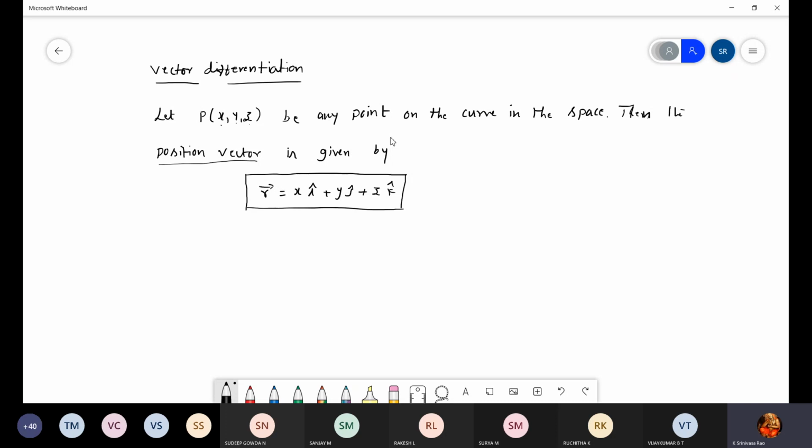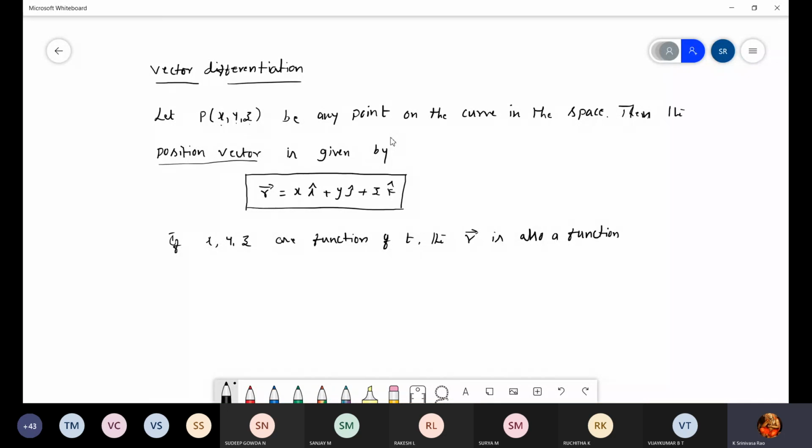Next line. I will tell you what a position vector is, just complete this topic. If x comma y comma z are functions of t, a single variable, then vector r, that is the position vector, is also a function of t.